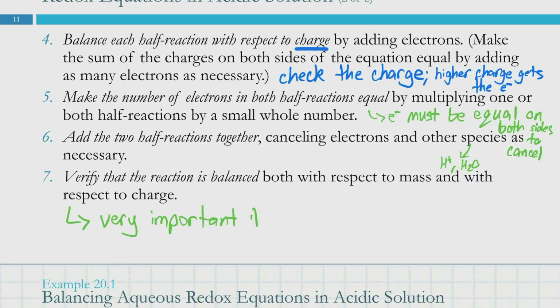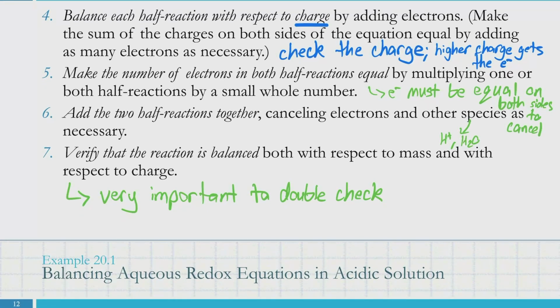It's very important to double check. For regular balancing of reactions, I don't think it's that important. Usually people get it right. For balancing redox reactions, I would say I get it wrong about 25% of the time, 20% of the time. I'm guessing that you probably will also get it wrong 20 to 25% of the time, unless you're very fastidious about checking everything along the way.